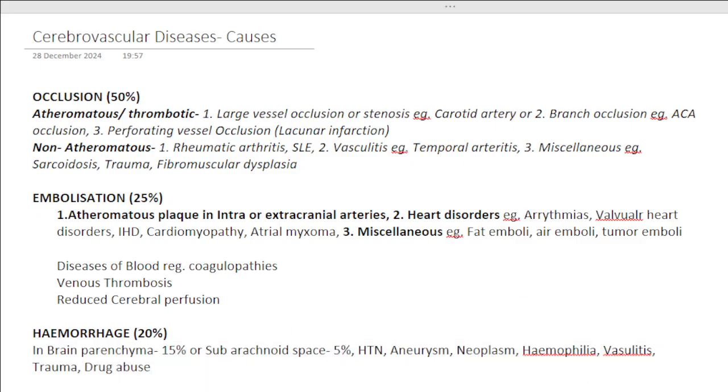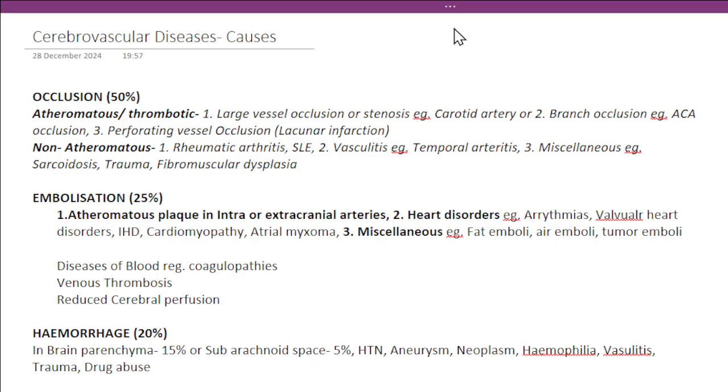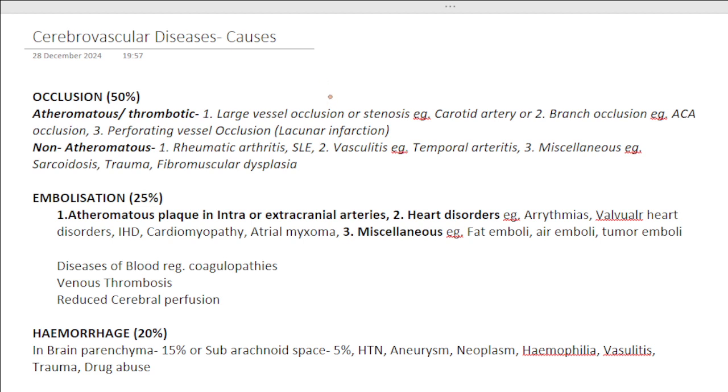All could be the causes, in fact I would say. So occlusion, as you understood, 50%, then embolization, then hemorrhage, and don't discount these disorders also, these are important.